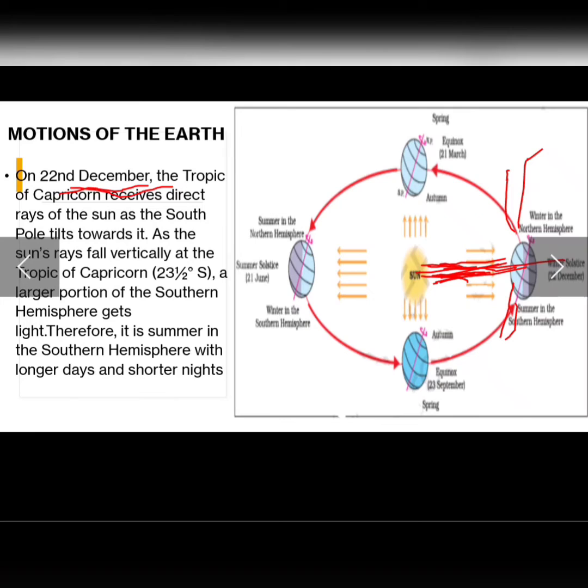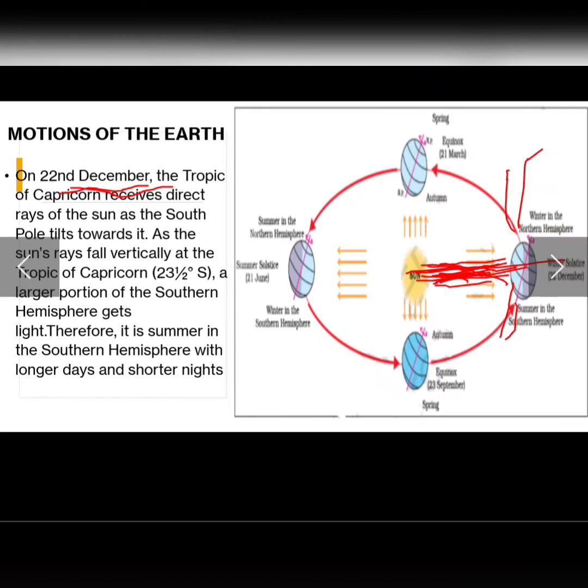Okay, and a large portion of the southern hemisphere is getting heat and light from the sun, and as a result there will be summers in the southern hemisphere, whereas the nights will be shorter and the days will be longer. We know that in summers the days are long and the nights are short.